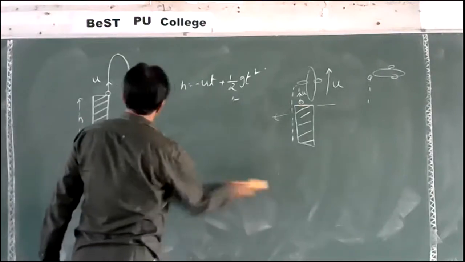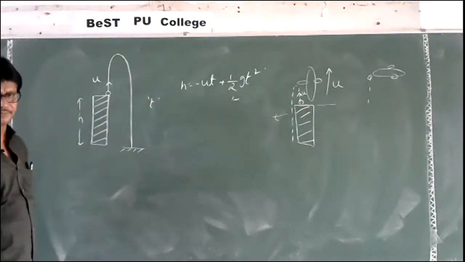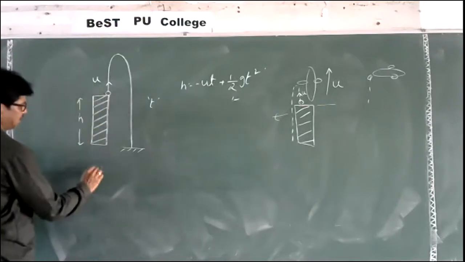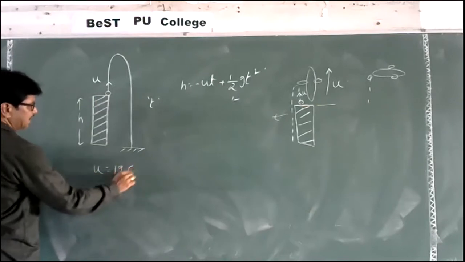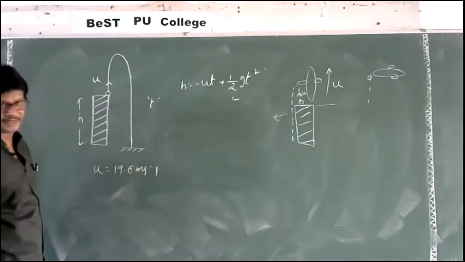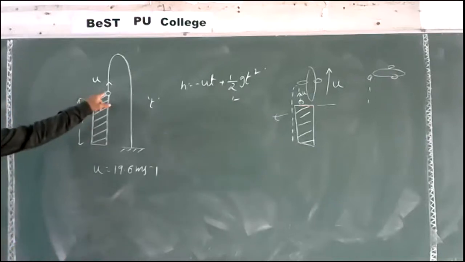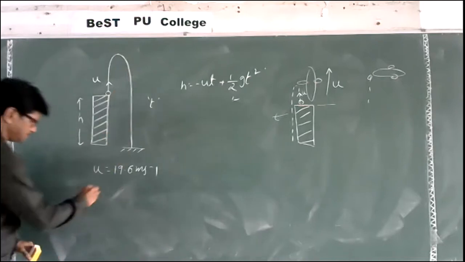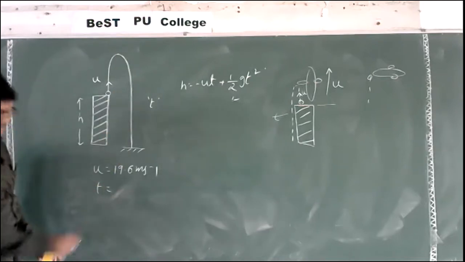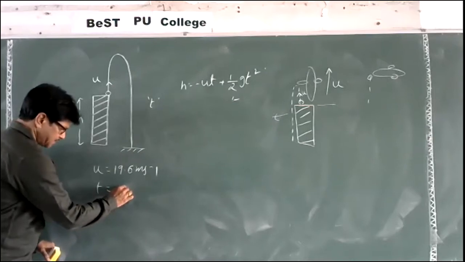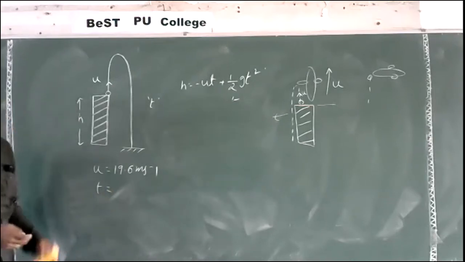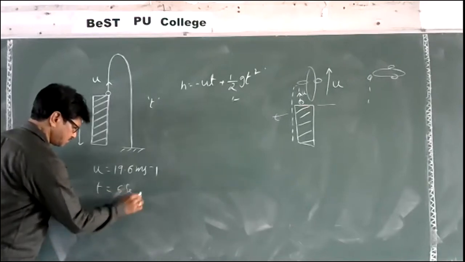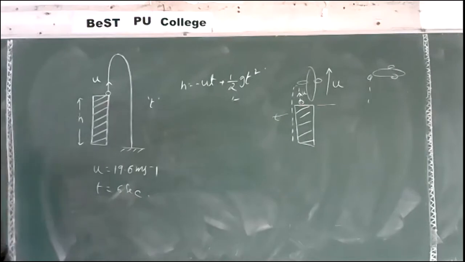So here a body is projected with a velocity of 19.6 meters per second from the top of a tower. It reaches the ground in 6 seconds.